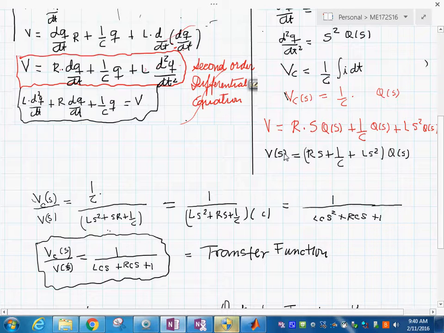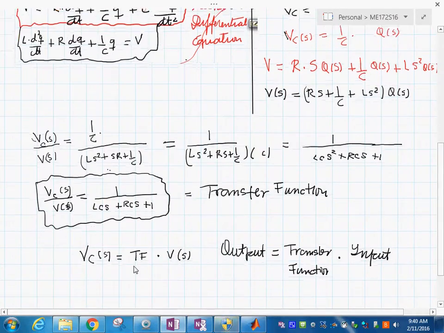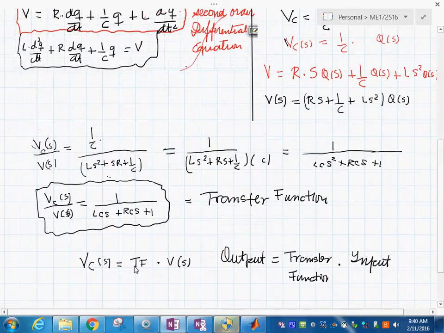If you find that ratio, we come up with this transfer function, and once we have it this way, we are ready to enter it into MATLAB. The transfer function is always the relation or ratio between an output and an input, or the output is the transfer function times the input.